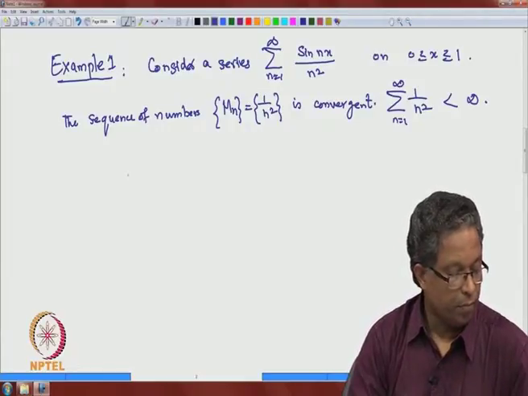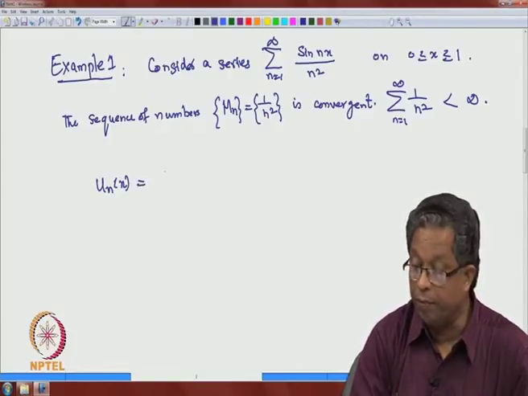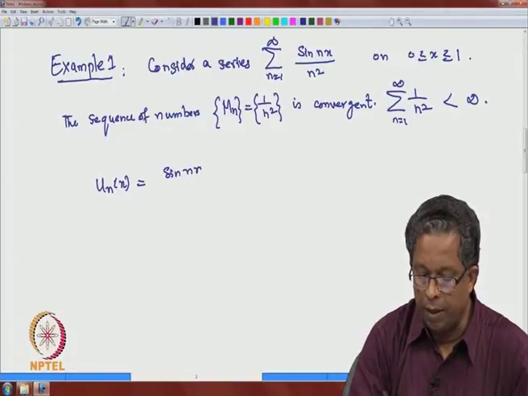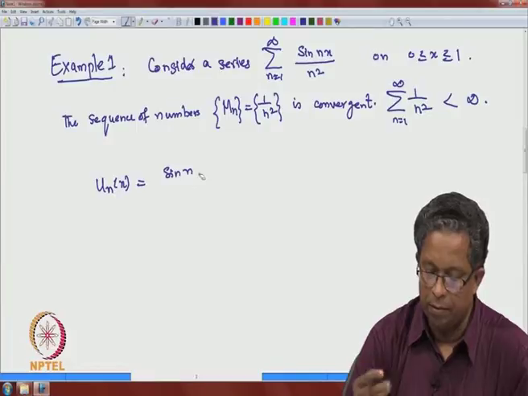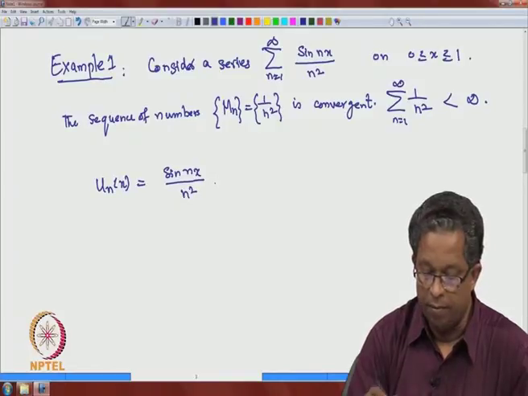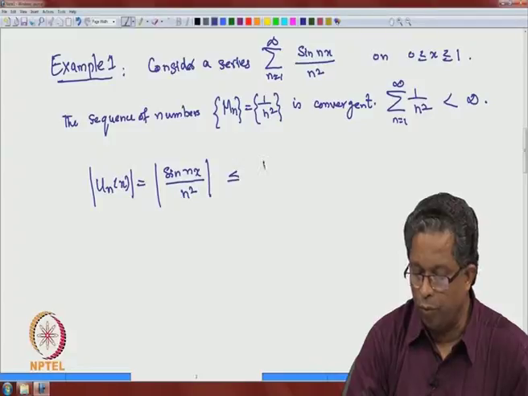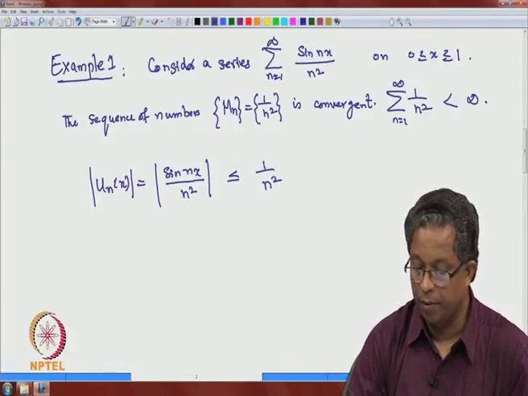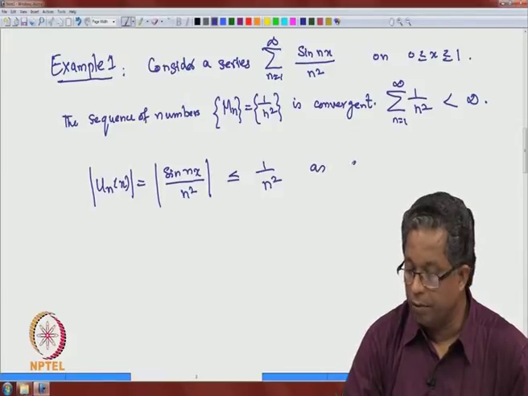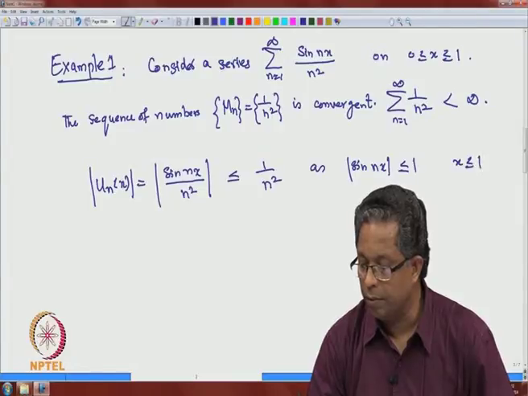So, if you consider un(x), which is by definition sin nx divided by n squared, and so therefore, if I take the absolute value of this, it is less than or equal to 1 by n squared, as sin nx is bounded by 1 on the interval 0 to 1.